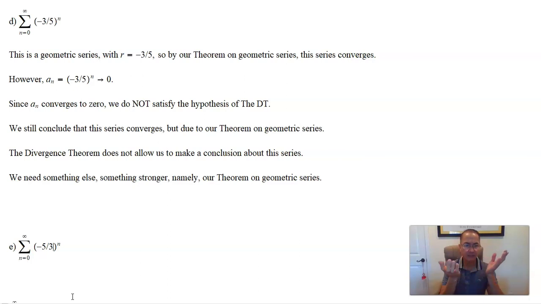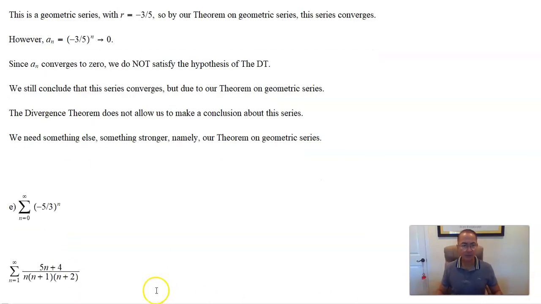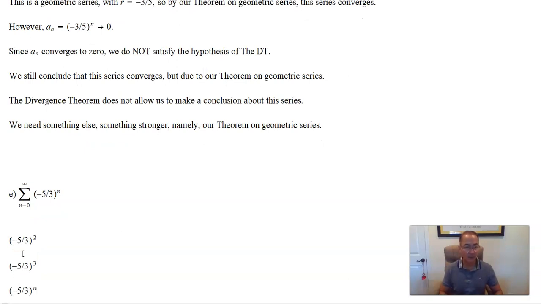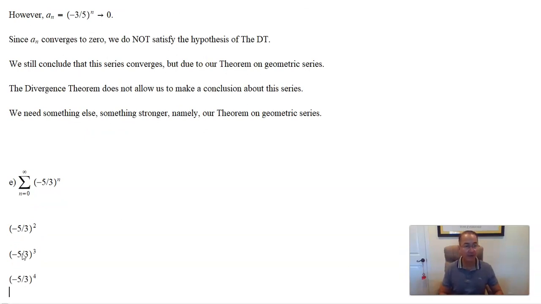And we said, okay, if you square, you get something positive. If you cube, you get something negative. So yeah, you want to review that? Let's do that. What happens if we take the terms and we square, we cube, we take to the power 4, we take to the power 5?